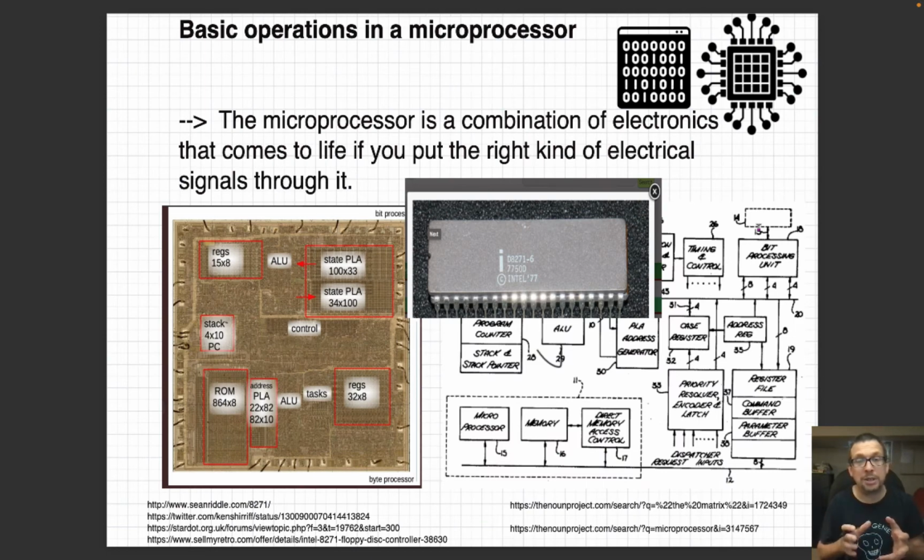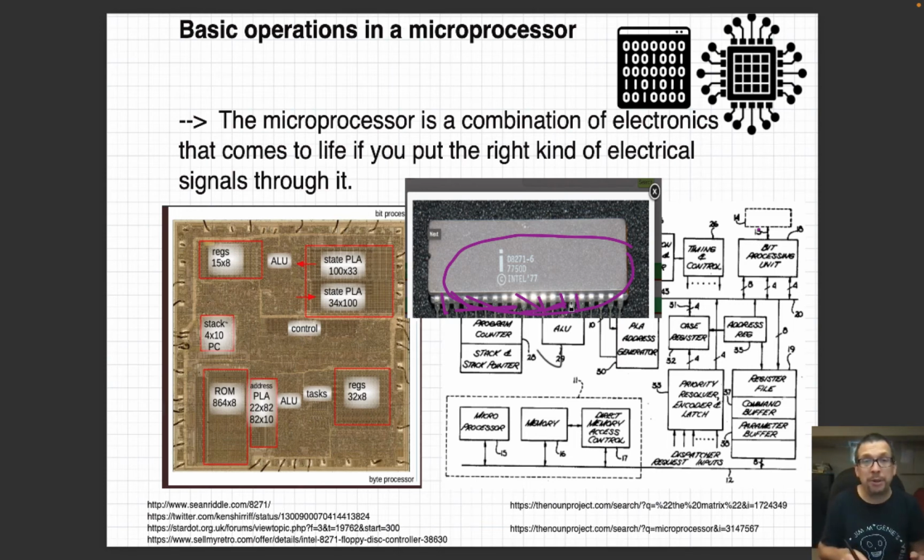All right, let's get into microprocessors. What are the basic operations inside of a microprocessor? Well, what's important to point out is that the black box that you normally see with little metal pins that stick out of it has circuits inside of it that are controlled by the software that is written for that particular chip.